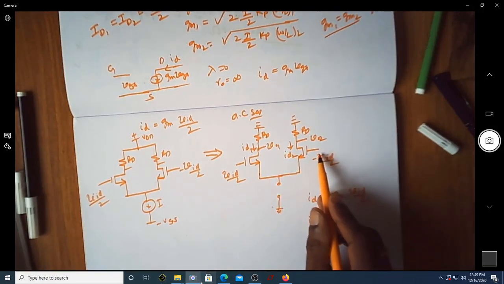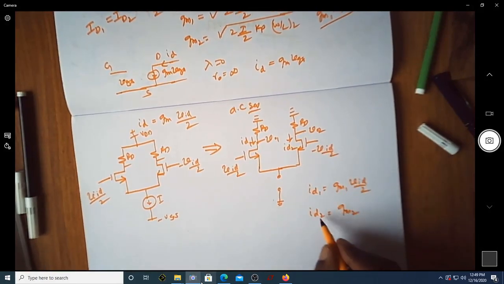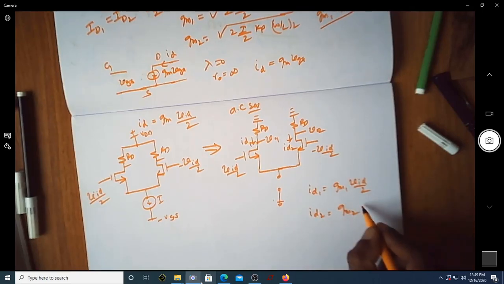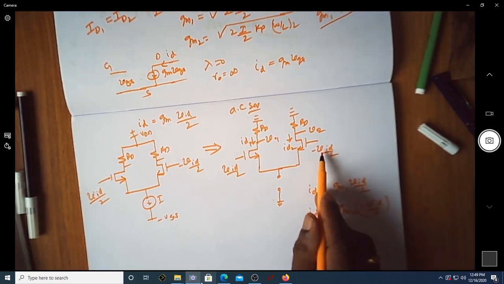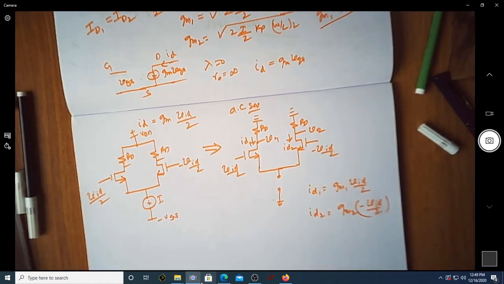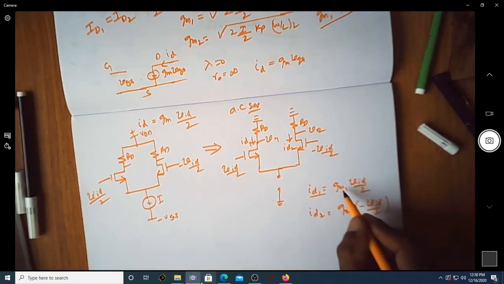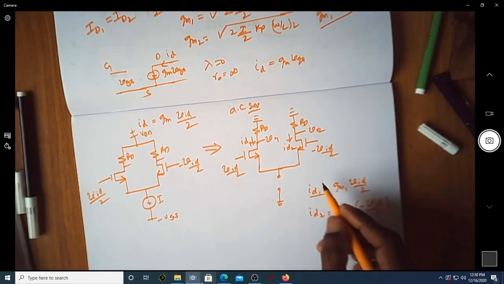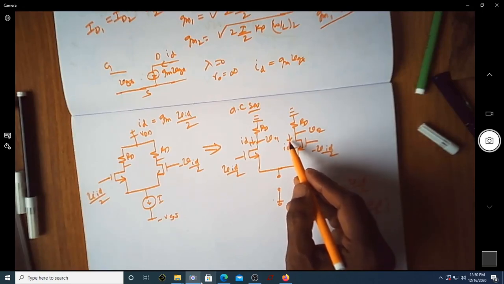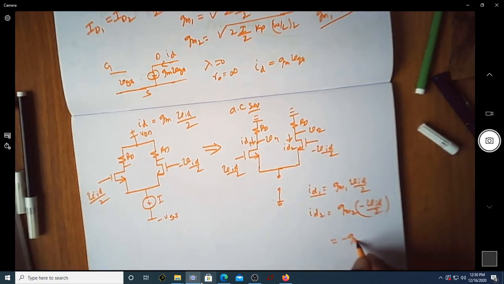Since the applied input voltage is minus VID by 2, is ID2 not equal to minus GM2 VID by 2? Just carefully note this. This negative sign is there because you have applied a negative input voltage. To be very frank, ID1 is the current flowing in this direction, which is GM1 into VID by 2. The ID2 flowing in this direction is actually minus GM2 VID by 2.